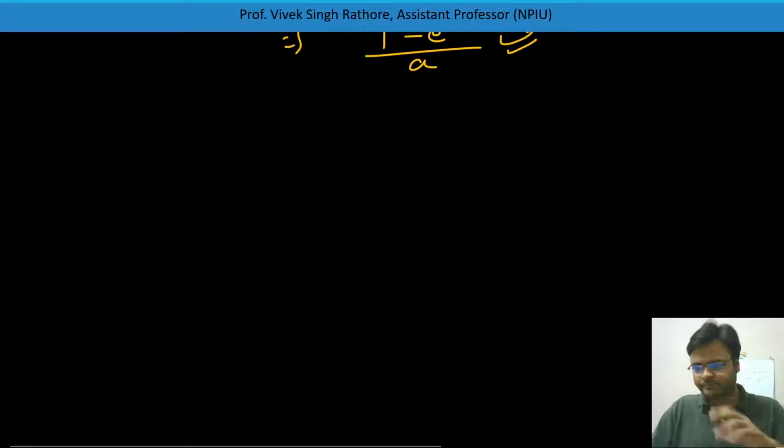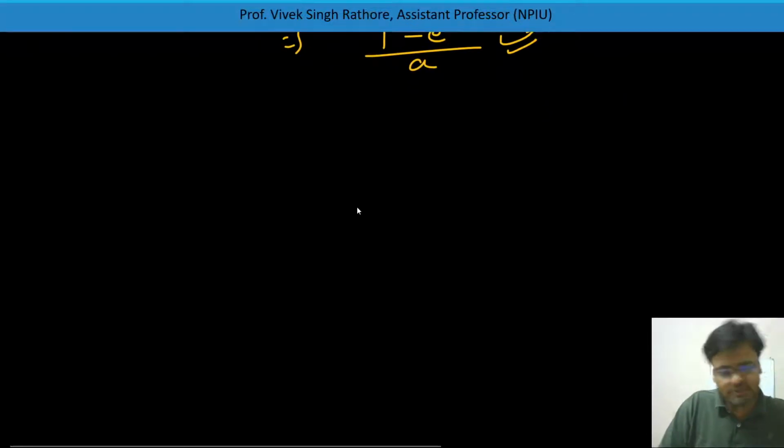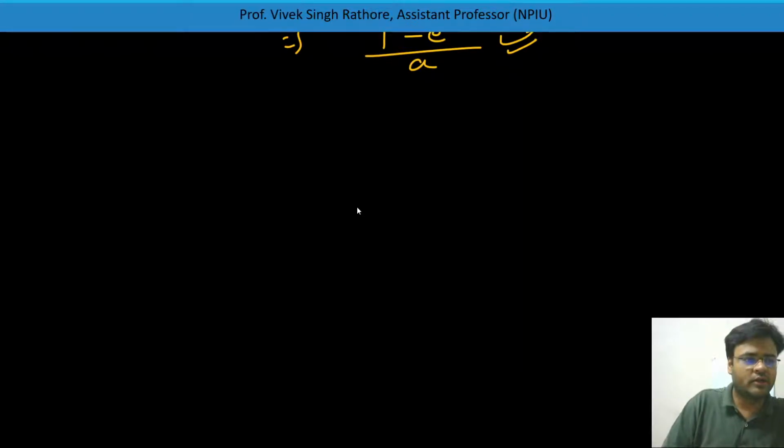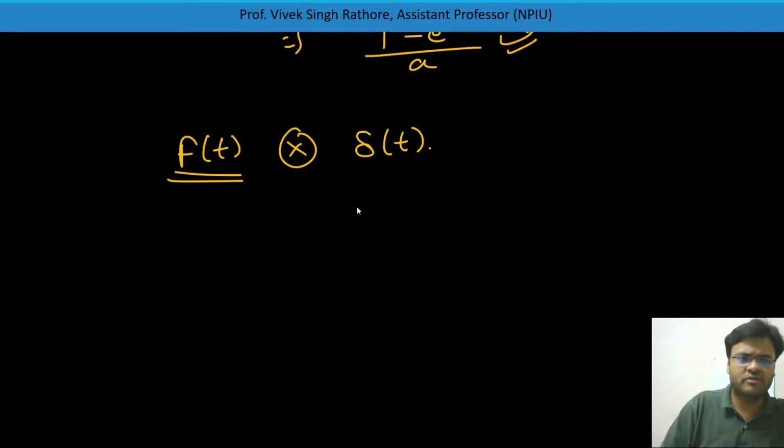And now see what happens when any signal is convolved with an impulse signal. If f(t), any signal, is convolved with the delta t impulse signal, or a shifted signal like delta t minus t naught, what will happen?